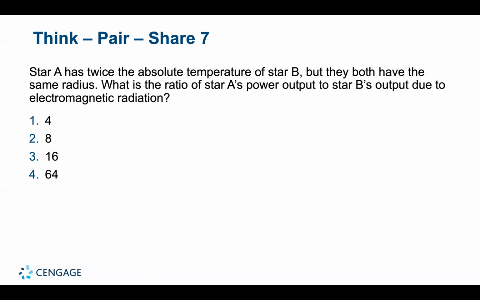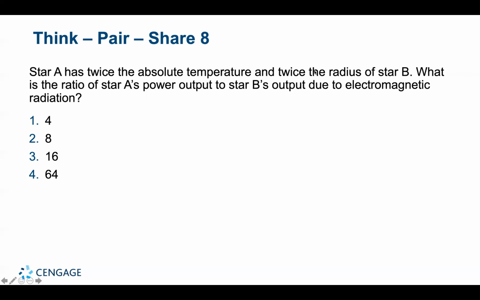If we just use Stefan's law and do a little bit of math, PA is 16 times PB, and that's where we get this answer. The ratio is 16.